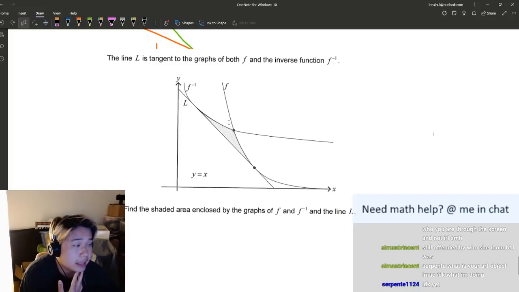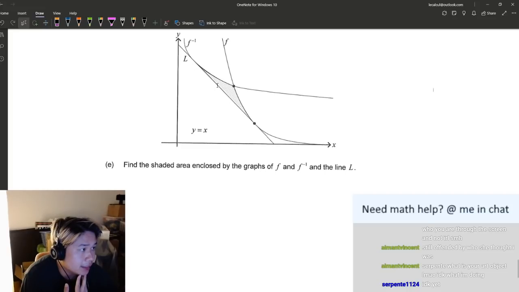Okay. L turns out to be a tangent to both the function and the inverse. So here's the inverse right there. Find the area of this shaded region. So remember, inverses are a reflection across y equals x.